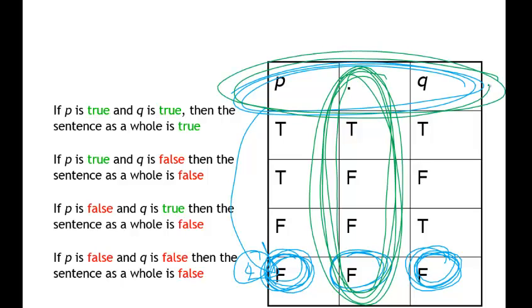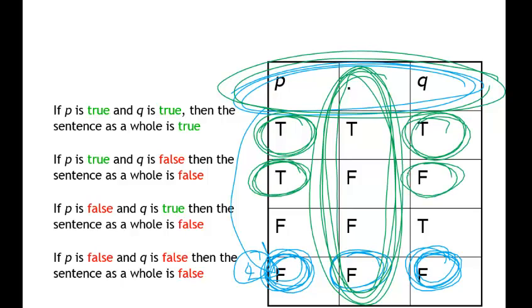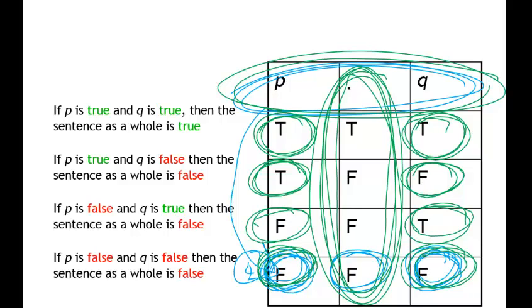It's a list of truth values such that it stipulates what's the case in all possible configurations of truth and falsity for 2 declarative sentences. So, given any 2 declarative sentences, we now know that the conjunction of those declarative sentences is true when both are true, this first case, and false in all other cases.